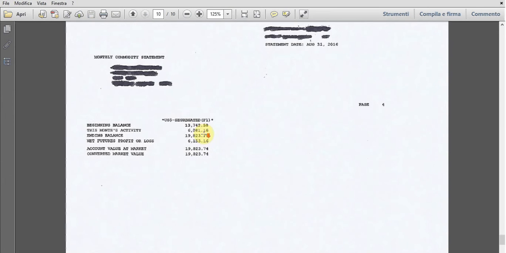For this client, the account size is very small. He started with $10,000, and after 3 months, June, July, August, you see the final result is already very good.